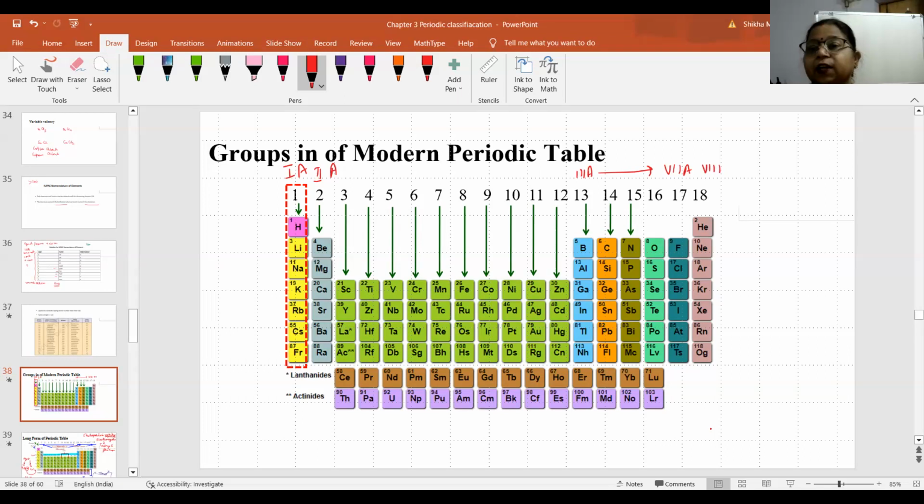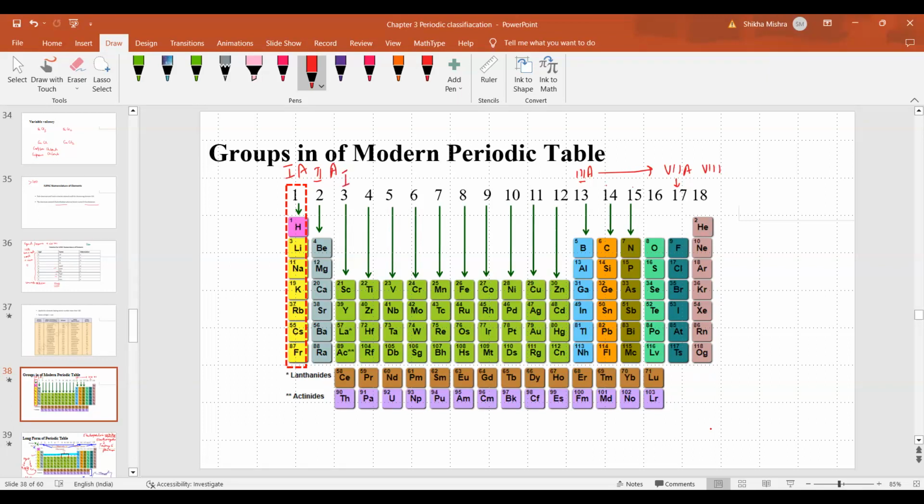Group 1 and group 2 are named as group 1A and group 2A. From group 13, I'm just leaving those in between, they are named as 3A, 4A, 5A, 6A, and this one is 7A. And the last one is group 8. Is it clear?